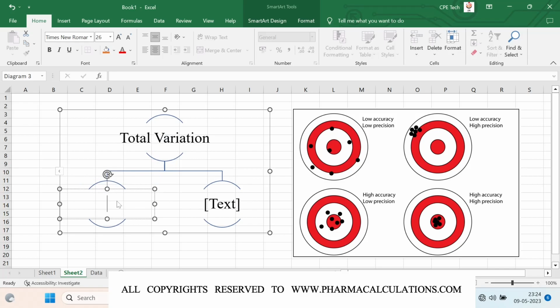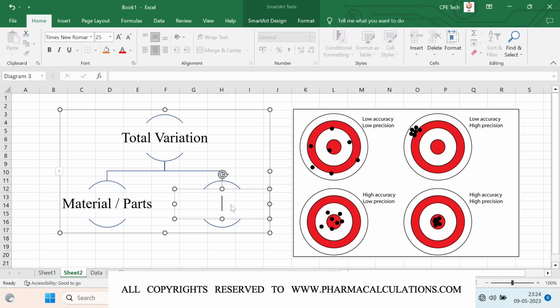One is the material. If you have any abnormality during the material manufacturing, automatically the system is going to show you some wrong or abnormal results. So the total variation can be attributed to the material, or in other words, parts.